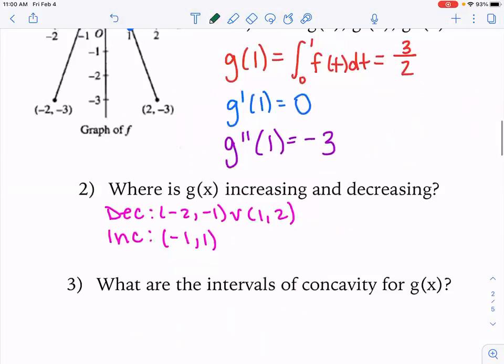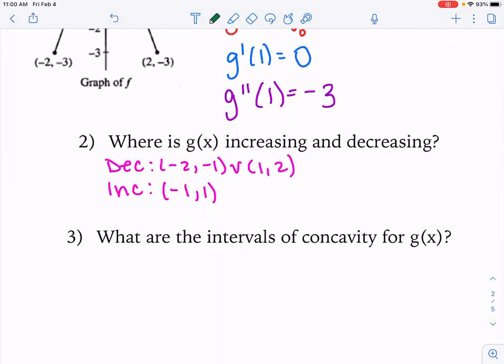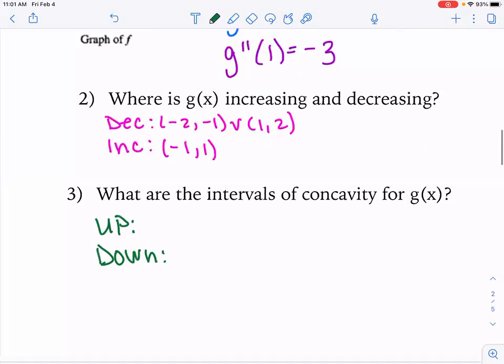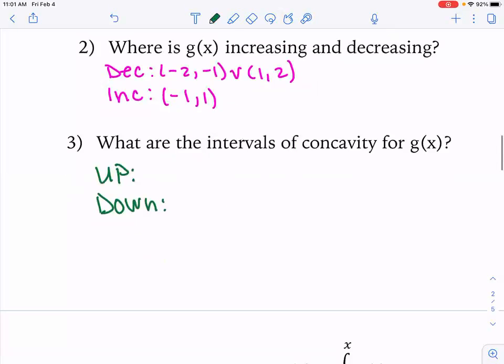Okay. Now let's talk about concave up and concave down. What characteristic about our derivative graph do we look at in order to determine where we have concave up versus concave down intervals?